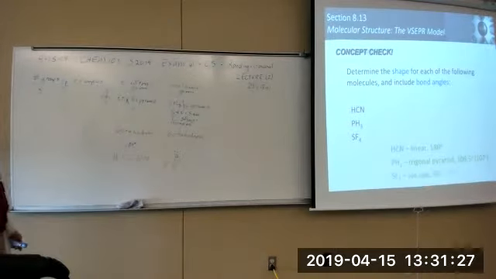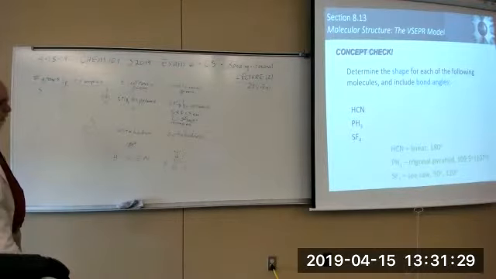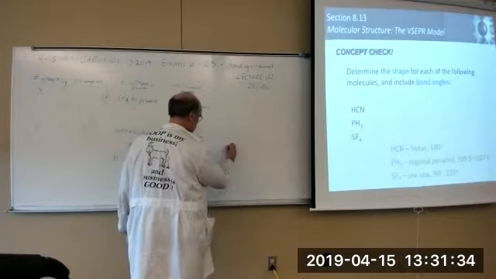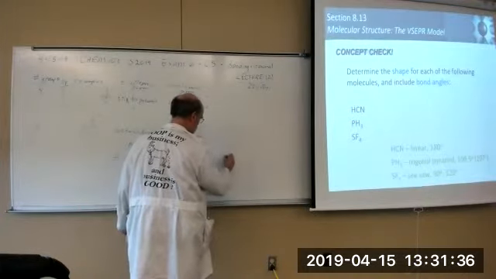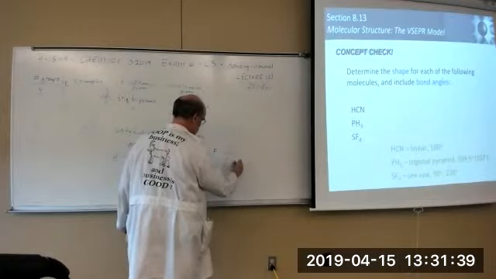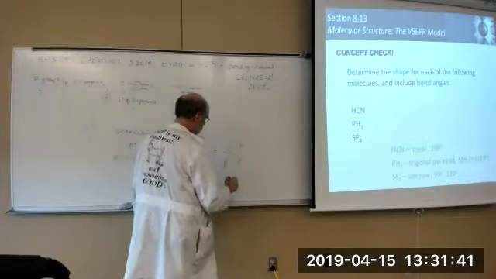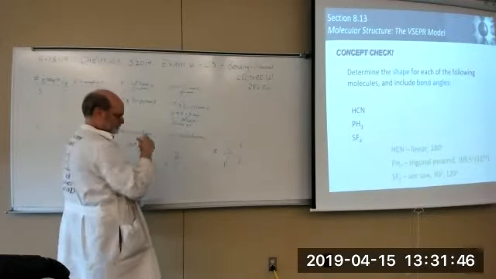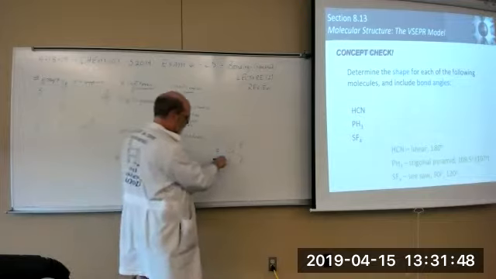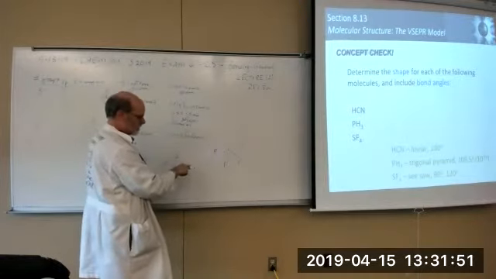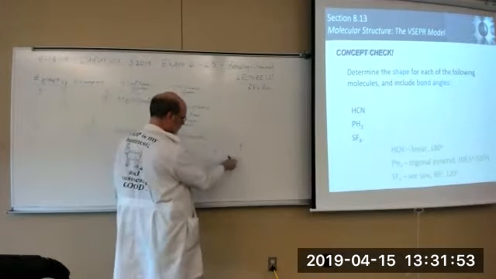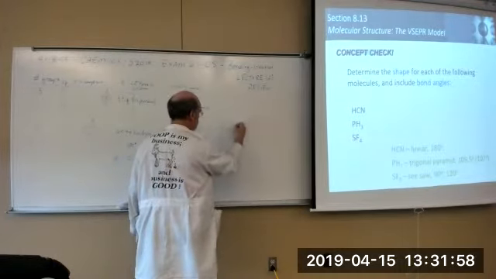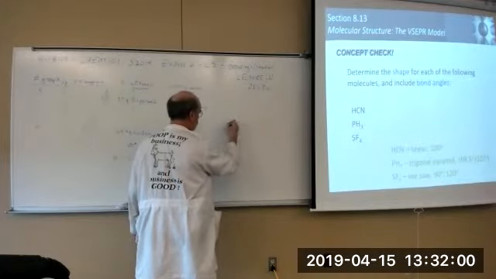What about SF4? Well, SF4 has 2 lone pairs. No, it has 1, 2, 3, 4. It has 1 lone pair, excuse me. Which means it's going to be trigonal bipyramid. Right? Trigonal here, with this one on one end. Actually, this one goes in the center. Sulfur in the middle.